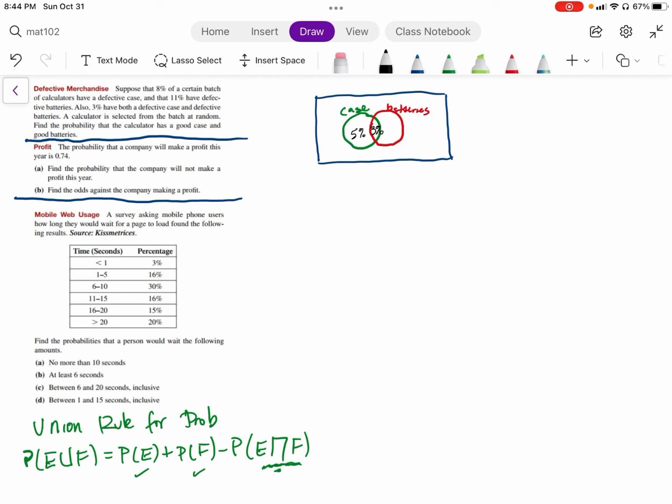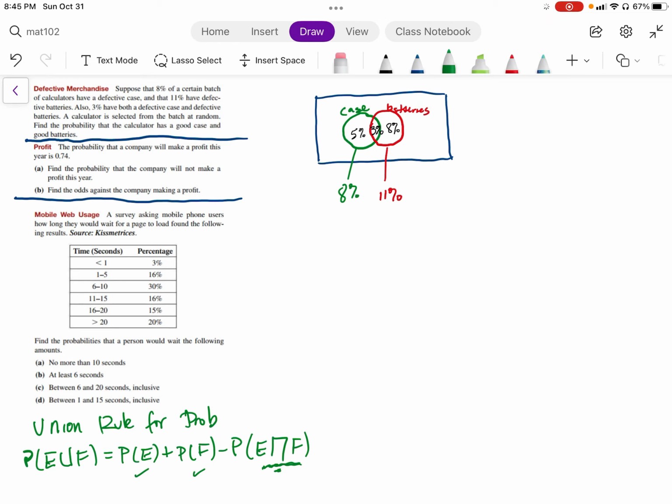So that leaves 8% that have a defective battery but not a defective case, right? The sum of the red is 11%. The sum of the green that I have total is the 8%. This matches exactly what the question reads.